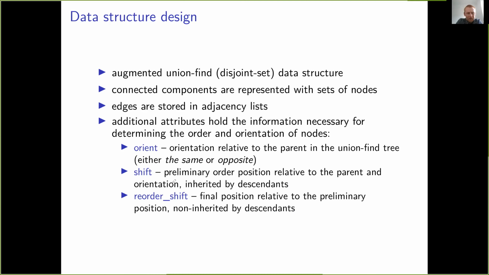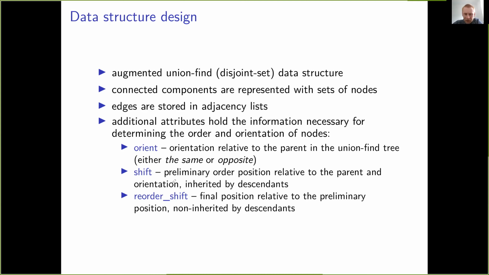These attributes could be simply defined for every node, but in that case, in some operations we would have to modify those attributes in many nodes.